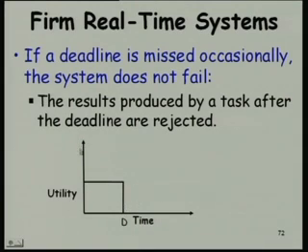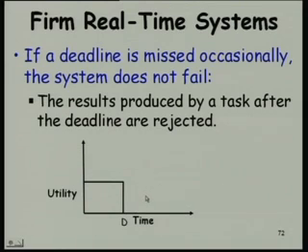So, we can draw this kind of diagram and say that, see, as long as the result is produced within time d, the result will be used. Utility is 100%, I mean the result will be useful to the system. But after d, if the result is produced, the utility of the result is 0, it will be discarded, but the system will not fail.